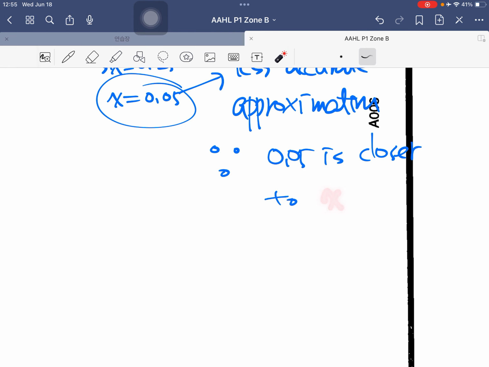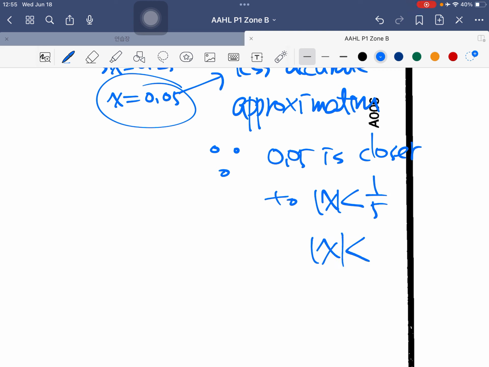Absolute x is less than 1 over 5, which means absolute x is less than 0.2. x is between negative 0.2 and 0.2.